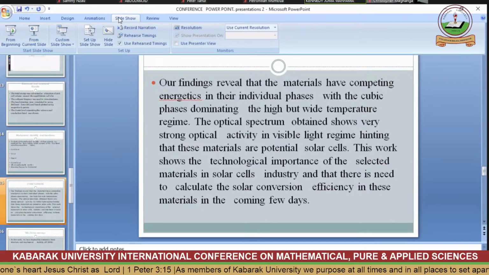The optical spectrum obtained shows very strong optical activity for the light regime, hinting that these materials are potential materials for solar cells. This work shows the technical importance of the selected materials in the solar cell industry, and that there is need also to calculate the solar conversion efficiency of these materials.